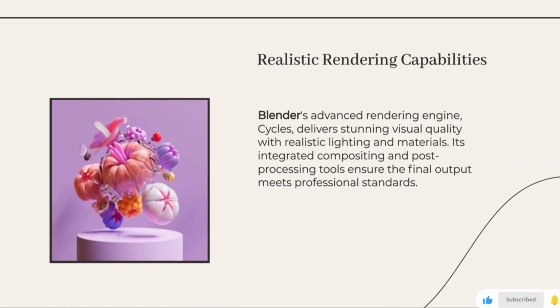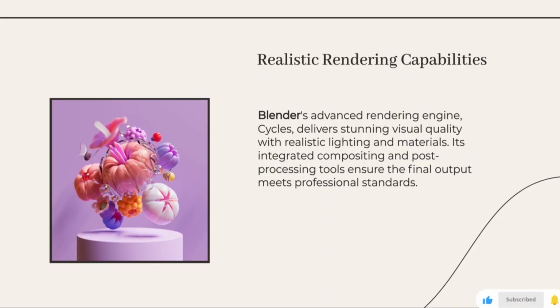Now you will also get realistic rendering capabilities. Blender's advanced rendering engine, Cycles, delivers stunning visual quality with realistic lighting and materials. You will become more familiar with Cycles, what it is, and how the rendering engine works once we start the first chapter of Blender.